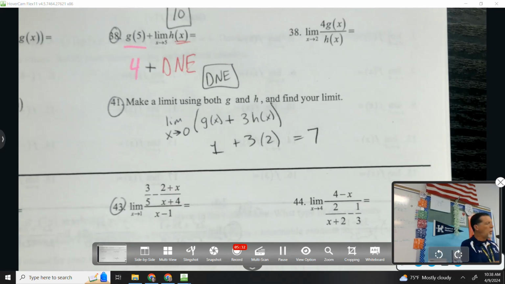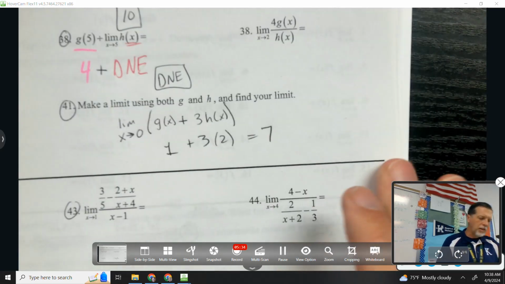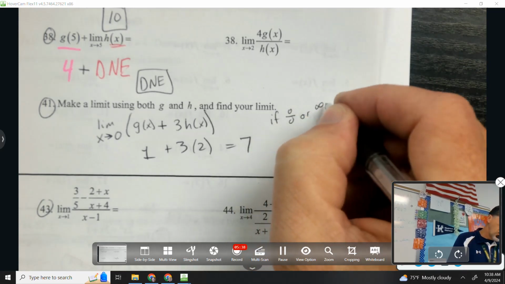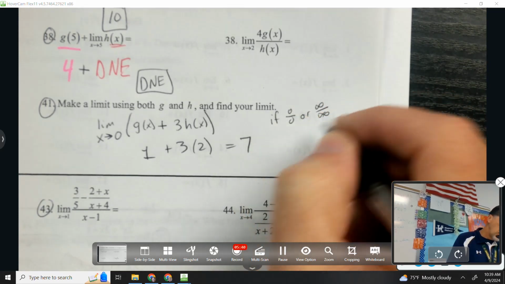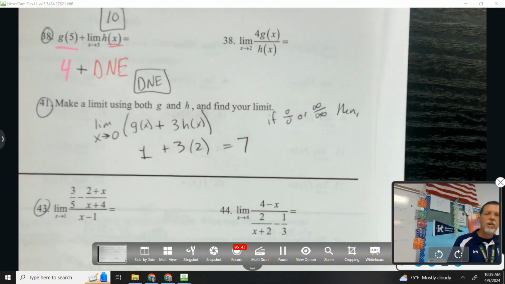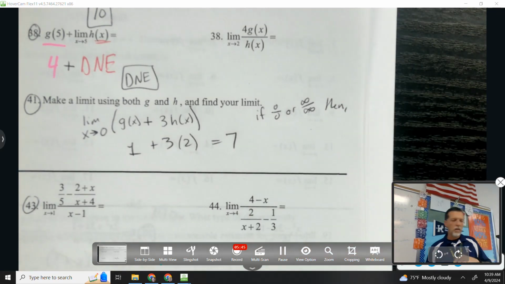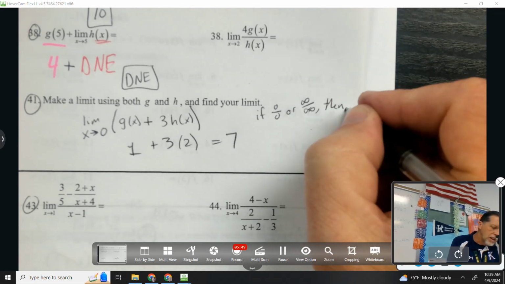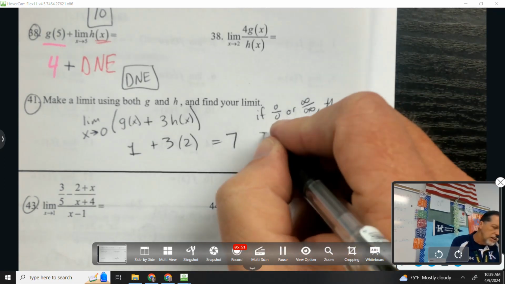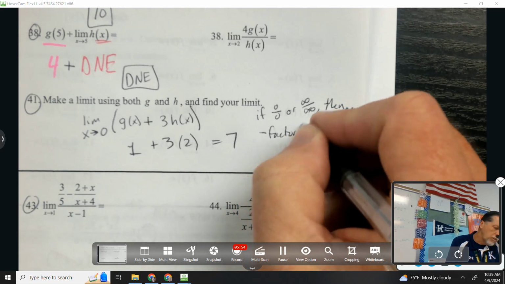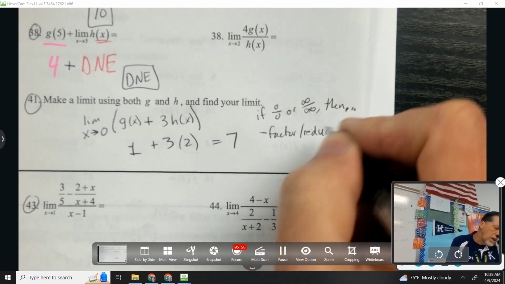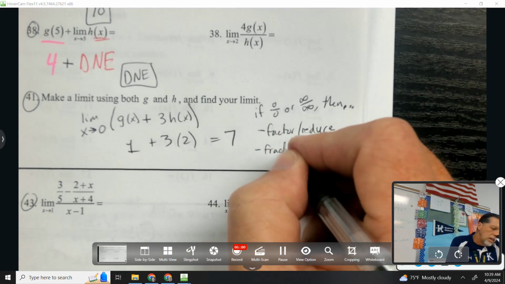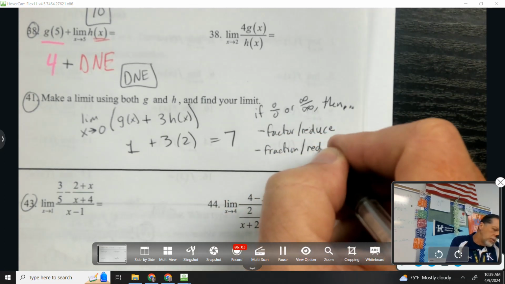Let's pause for a brief moment here and let me remind you what the algebra tricks are. If you get 0 over 0, or infinity over infinity, I think I put my comment in the wrong spot, then you can factor and reduce. That's what we did on the first page. You can fraction and reduce.